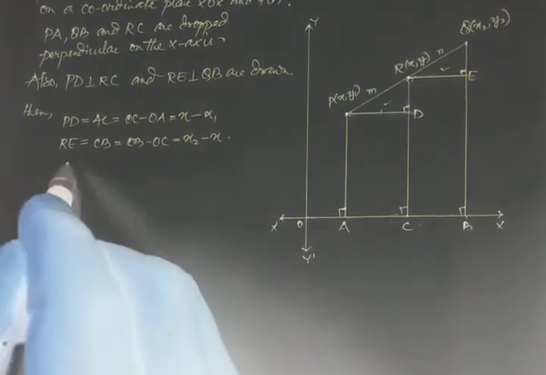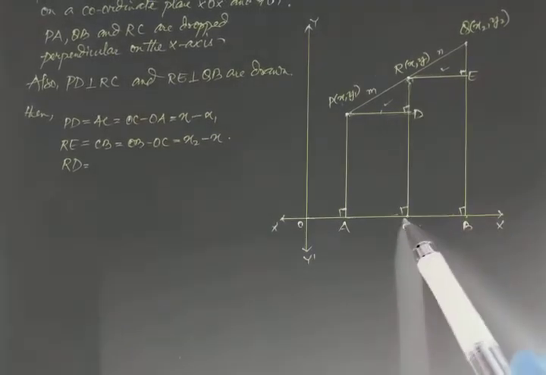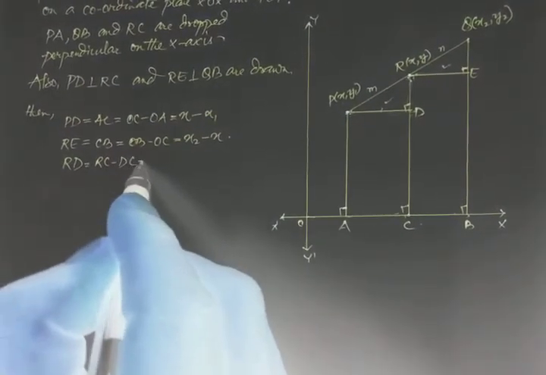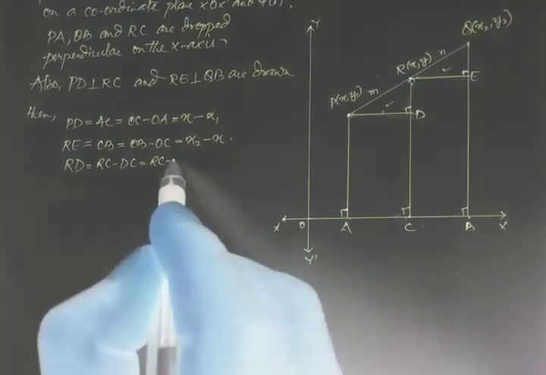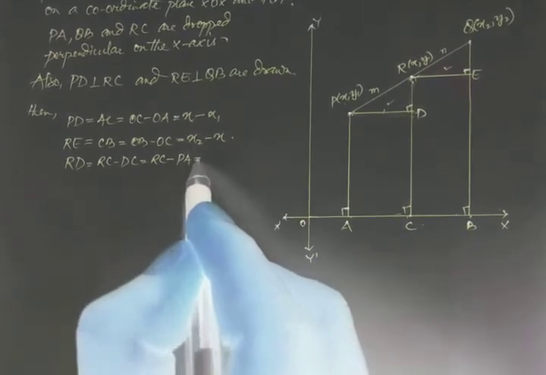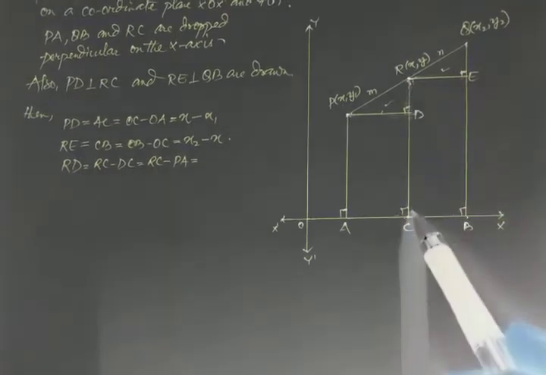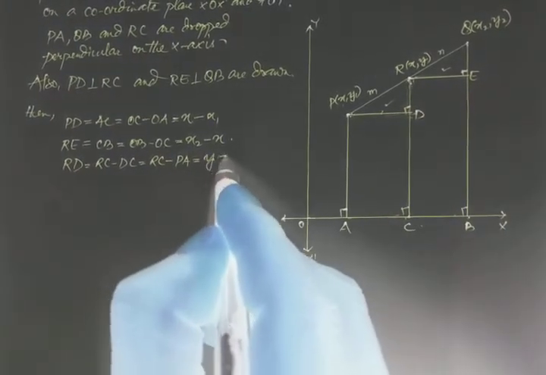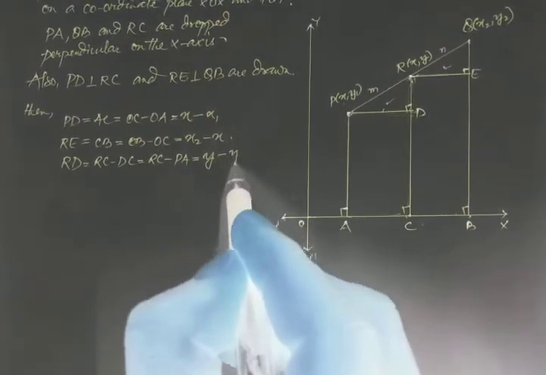Again RD. RD is RC minus DC, and DC is equal to PA. Now RC is the height on the y-axis for R, that is y, minus PA, the point P on the y-axis, y1.